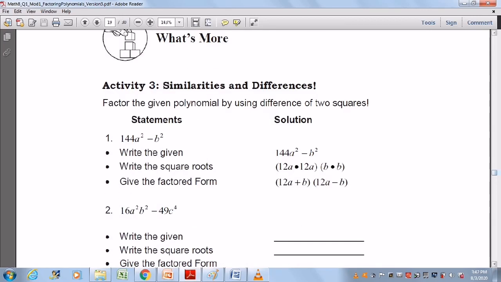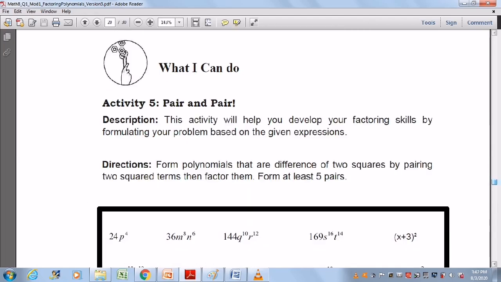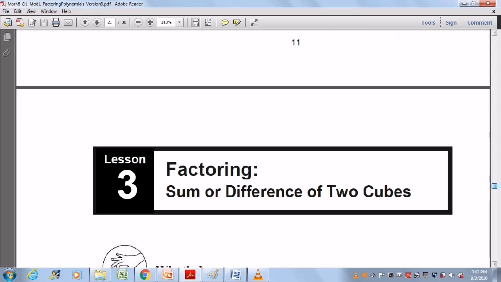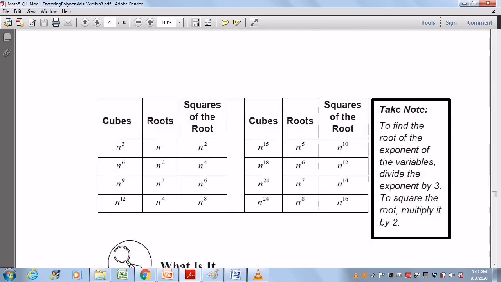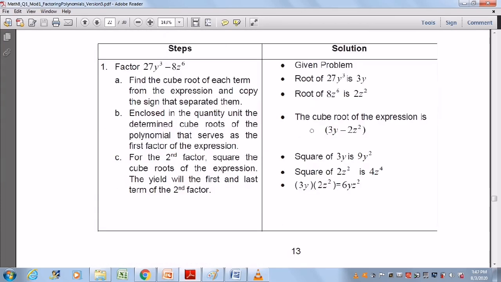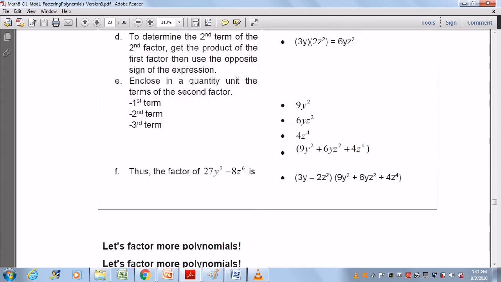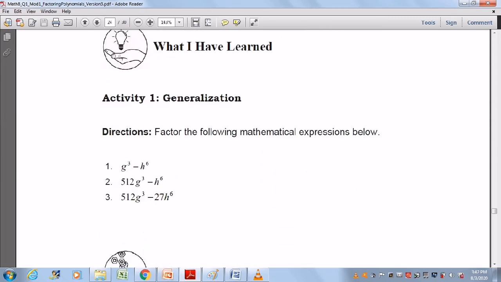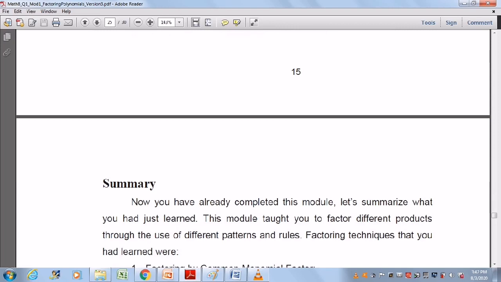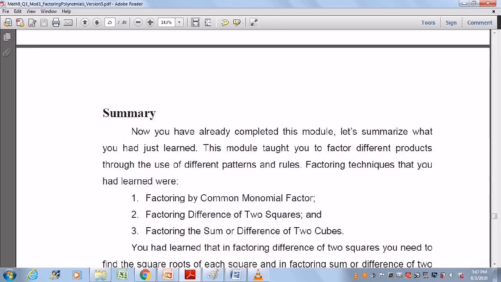And ito naman yung mga similarities and differences. Ayan, what I can do, yung pair and pair. So, ganun din naman sa sum and difference of two cubes, hindi ko na ipapakita. So, dito naman ay kailangan familiar ka doon sa perfect cube numbers, of course. Kaya kung mapapansin nyo, ay step by step din yung mga examples. And then, you have here the summary.